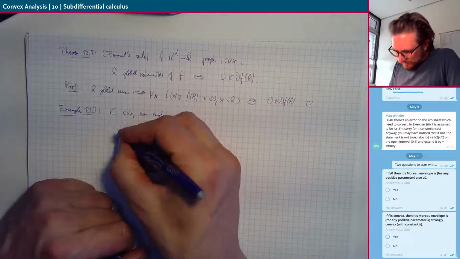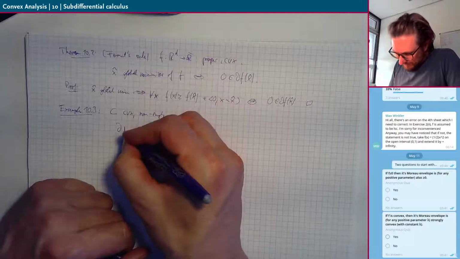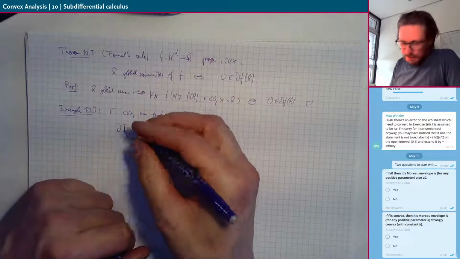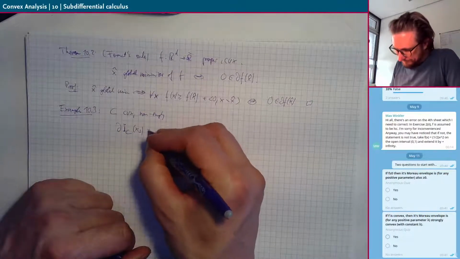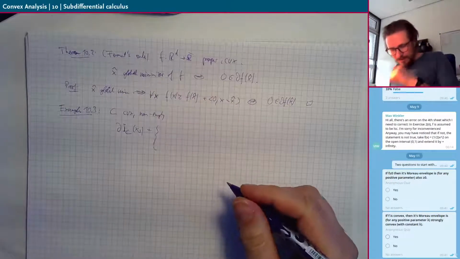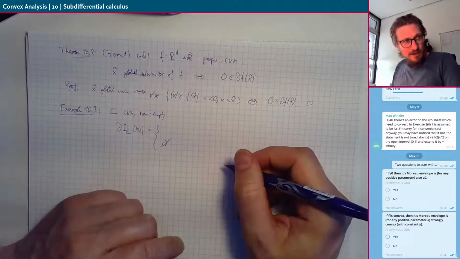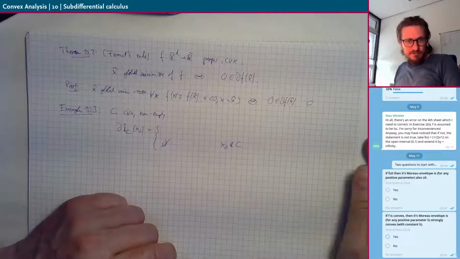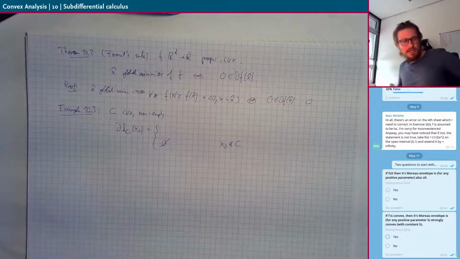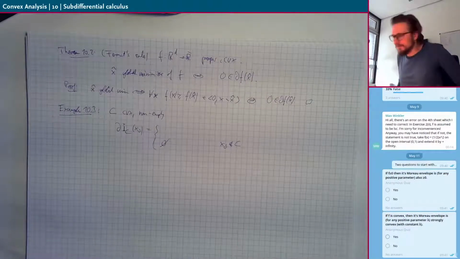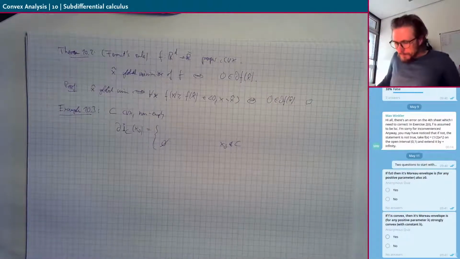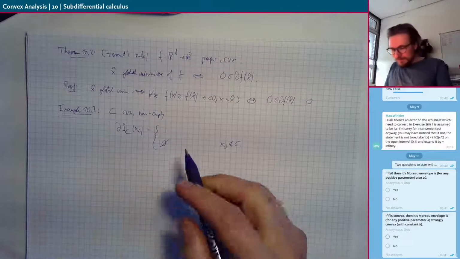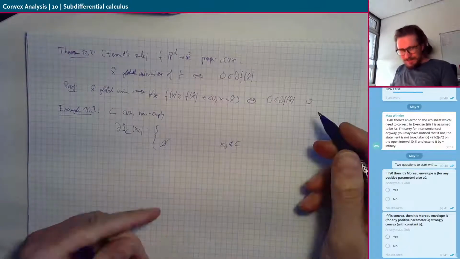And then what is the subgradient of the indicator function of C at some point x0? Okay, one thing is clear, it's just empty if x0 is not in C. This is just by definition, because an indicator is plus infinity, and in this case there's just no subgradient at all.